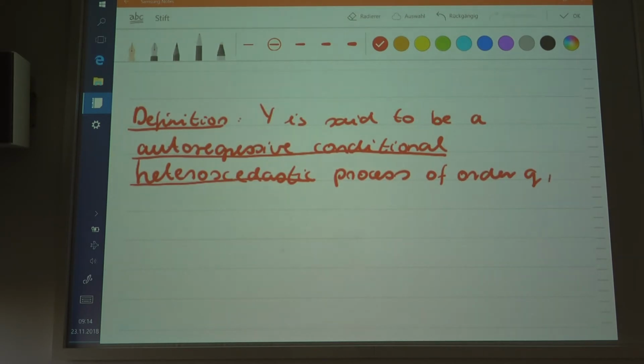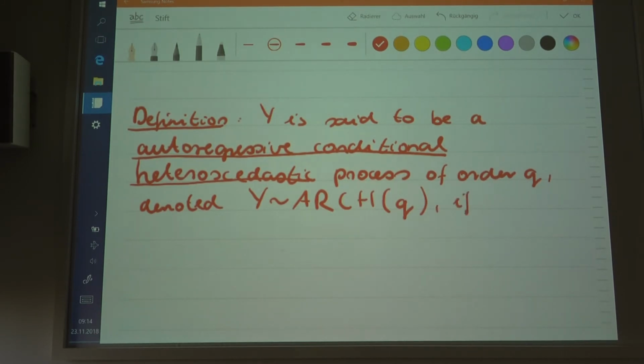And the notation is, of course, that we say Y is an ARCH process, autoregressive conditional heteroskedasticity, of order q, so that's how it's denoted.